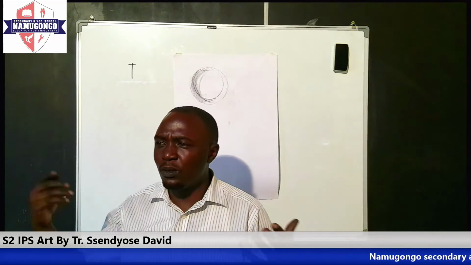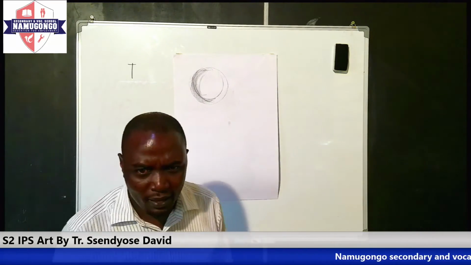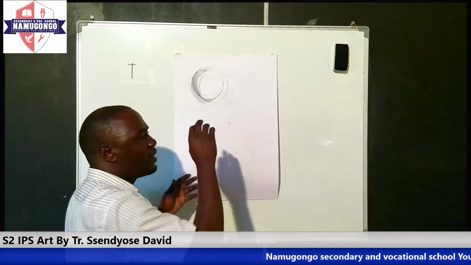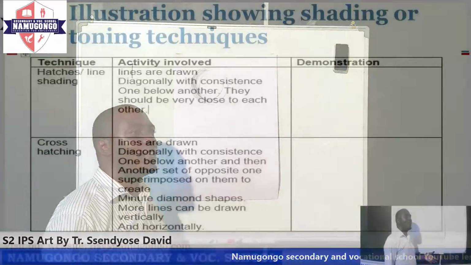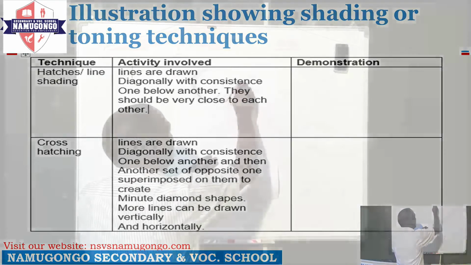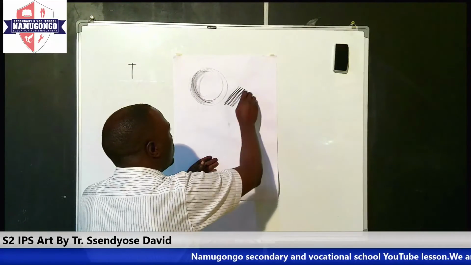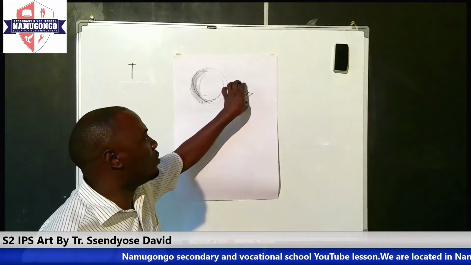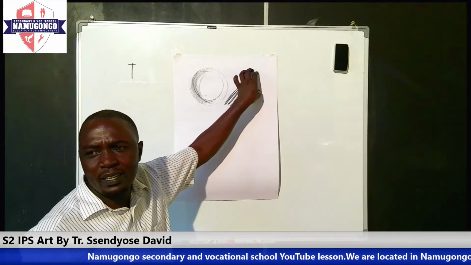How do hatches look? We said with hatches we use lines, and those lines run following the same direction. So you're supposed to produce your tone using such lines.